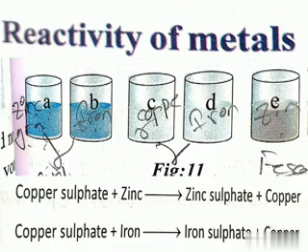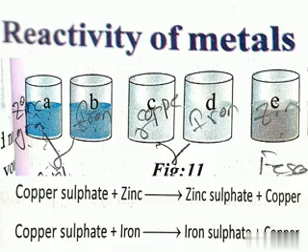So we can understand from the above reactions that a more reactive metal can replace a less reactive metal, but a less reactive metal cannot replace a more reactive metal. That's why there is no displacement in beakers C, D and E.